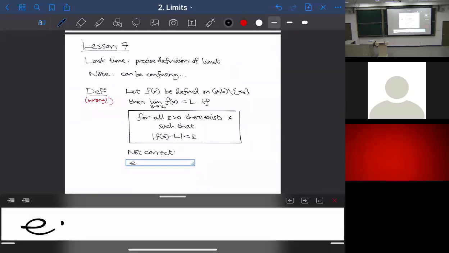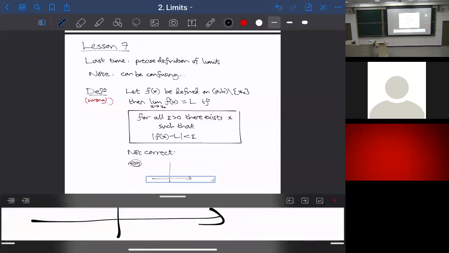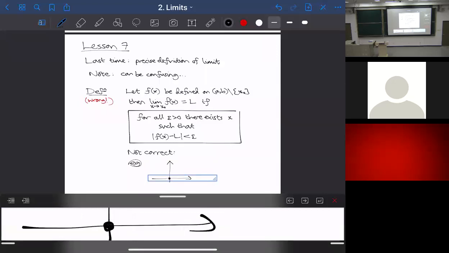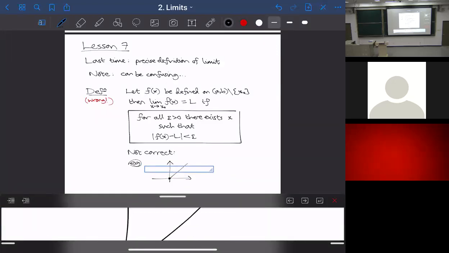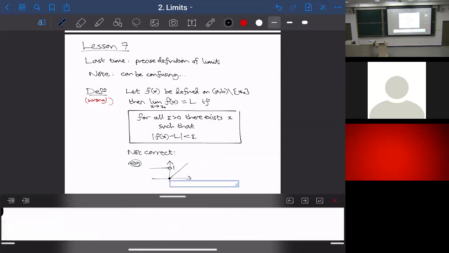So for example, if I defined a function like this, so the function is x for positive numbers and 0, but it's 1 for negative numbers.